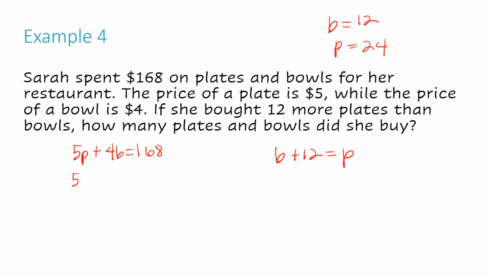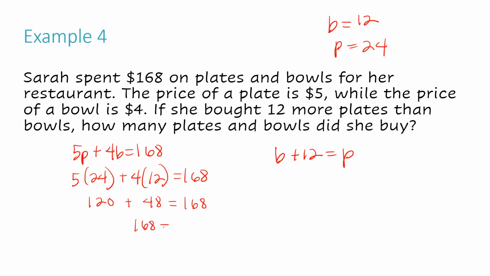So 5P will be 24 plus 4B, which is 12, equals 168. 5 times 24 is 120. 4 times 12 is 48. And that equals 168. 120 plus 48 equals 168. So 168 does in fact equal 168.